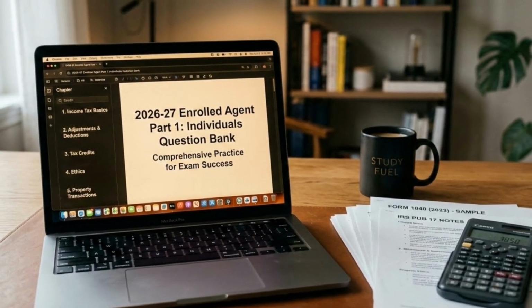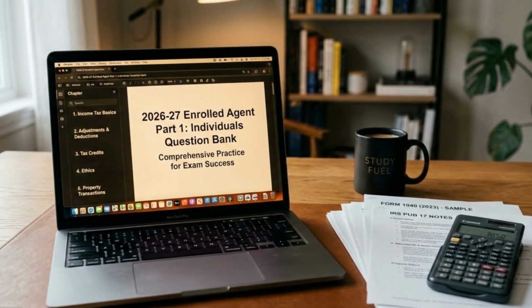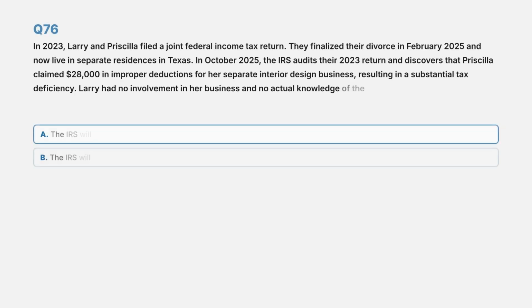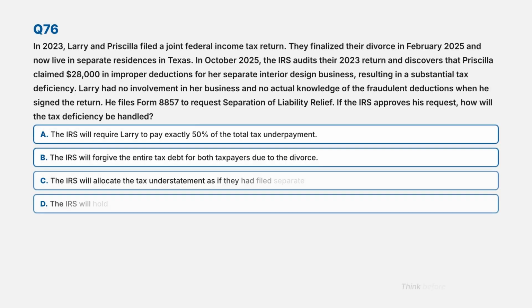Alright, let's get back into it. On to question 76. Question 76. Here's the scenario. In 2023, Larry and Priscilla filed a joint federal income tax return. They finalized their divorce in February 2025 and now live in separate residences in Texas.